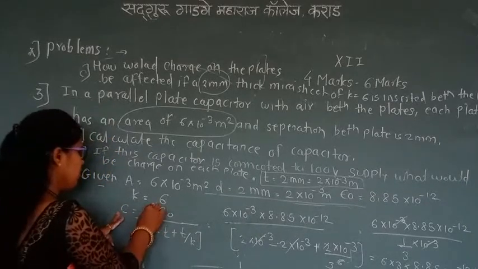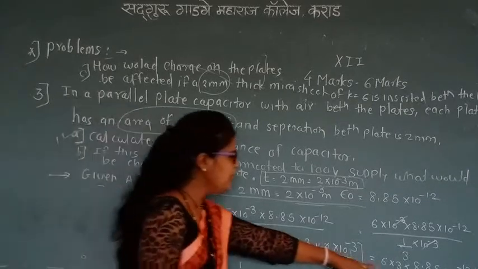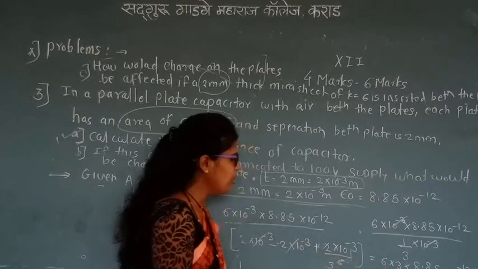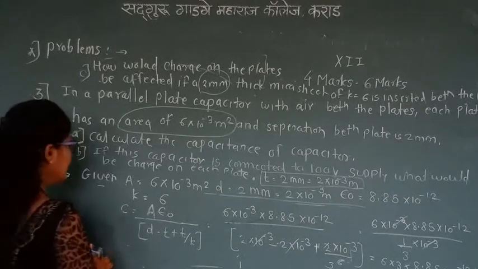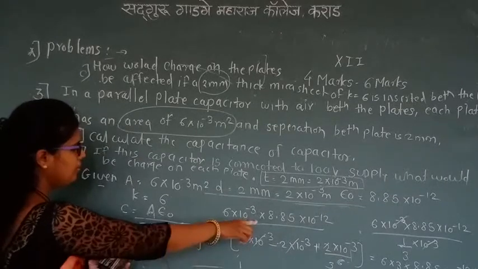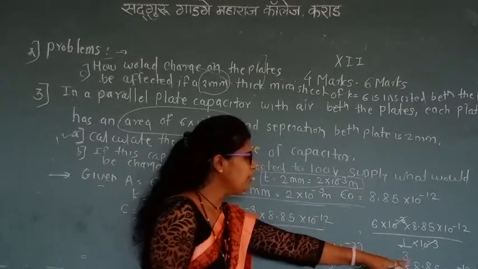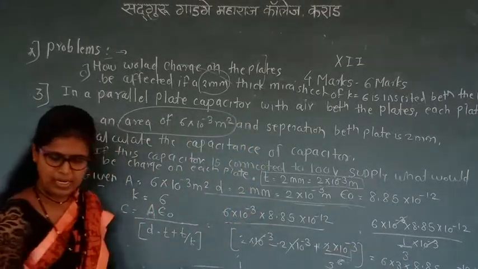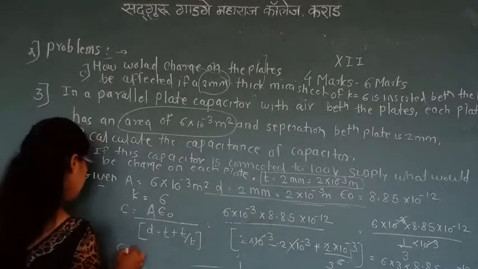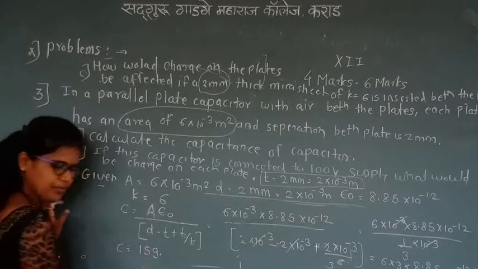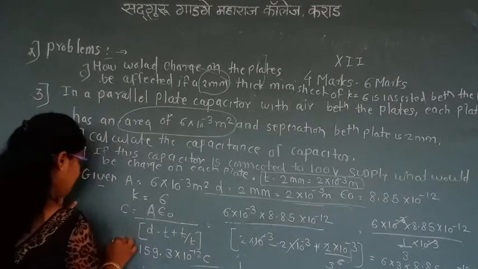We have to use this formula. Substituting all these values, by using this simple calculation we can calculate the capacitance value. We get C is equal to 6 into 3, 18, 18 into 8.85 into 10 raised to minus 12, that gives 159.3 into 10 raised to minus 12 coulomb.